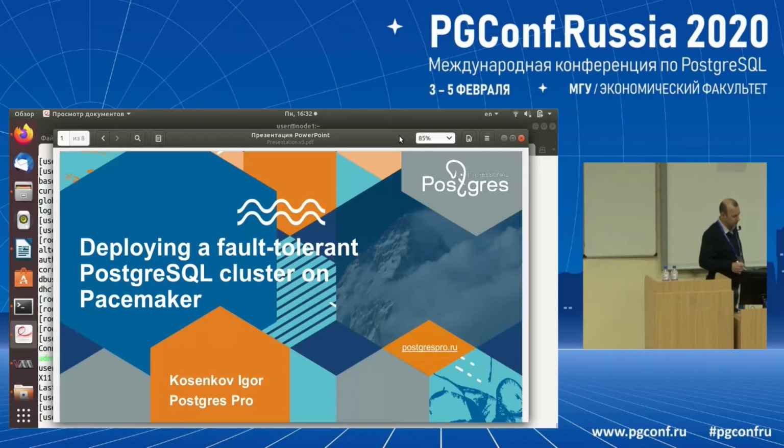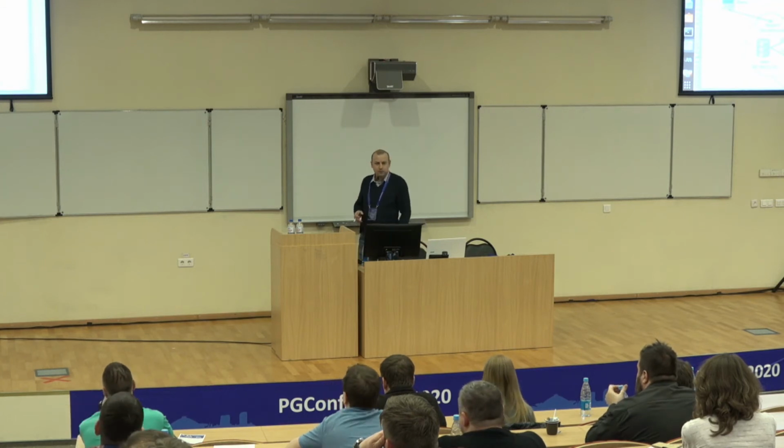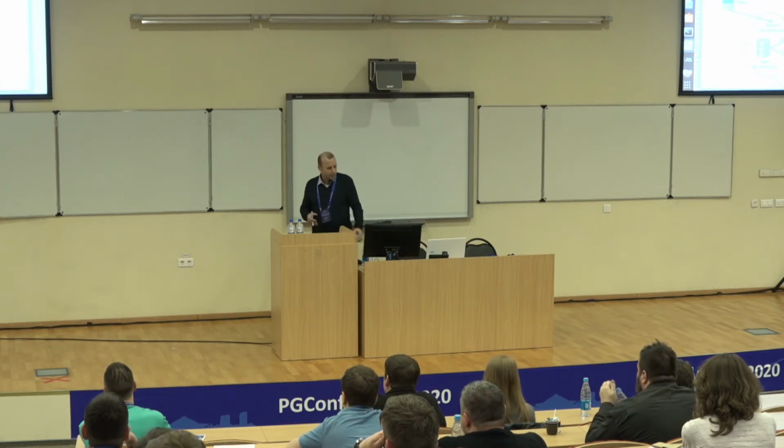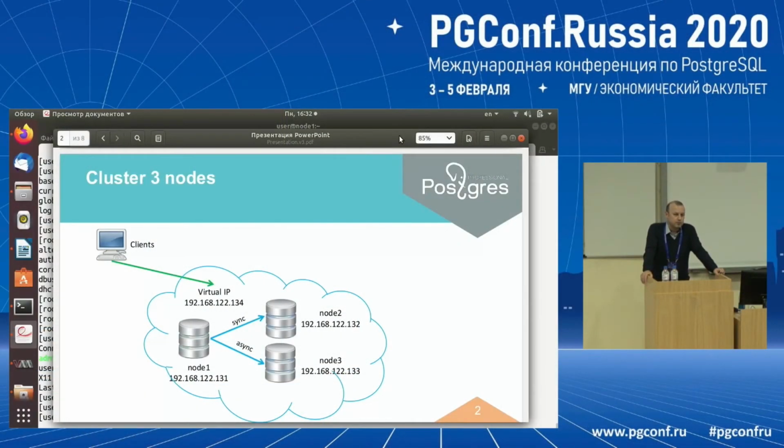That's why I will show you our virtual stand. On my laptop I have run the libvirt daemon, I have KVM as a hypervisor, and also I have 3 virtual machines.